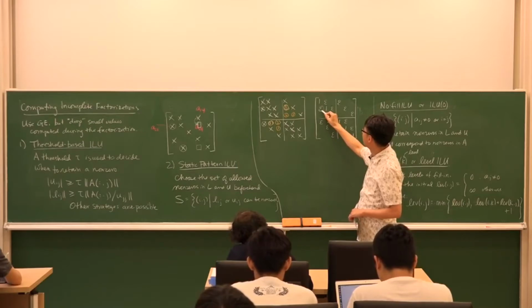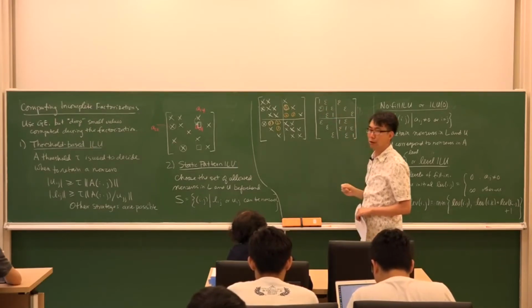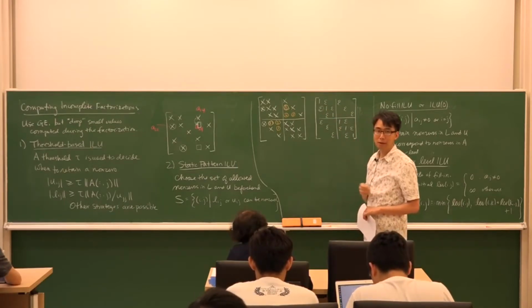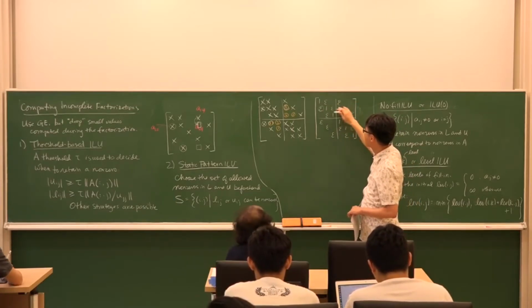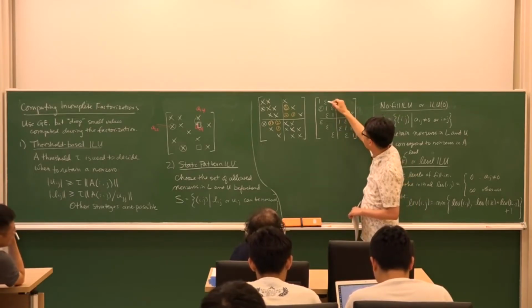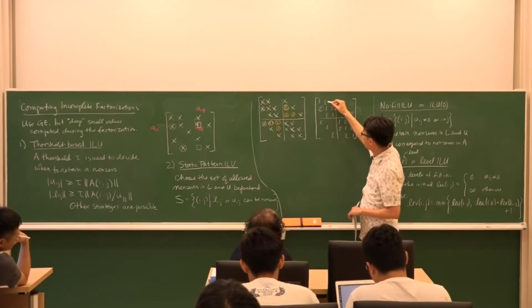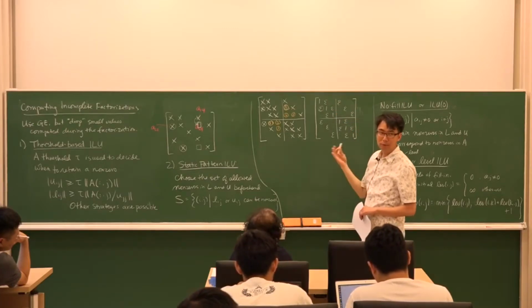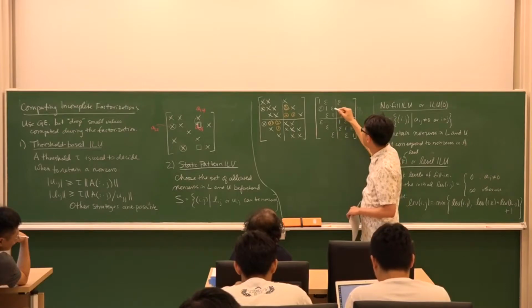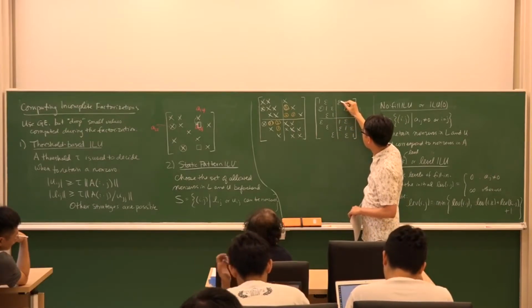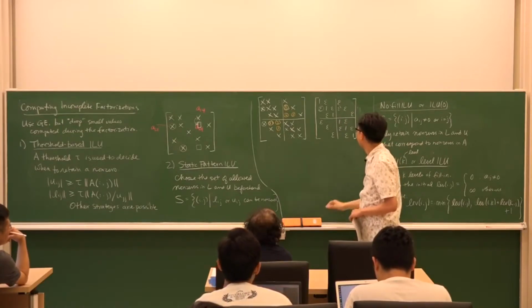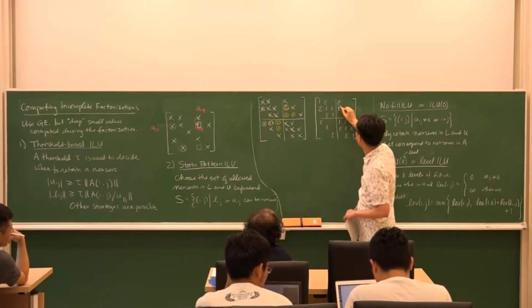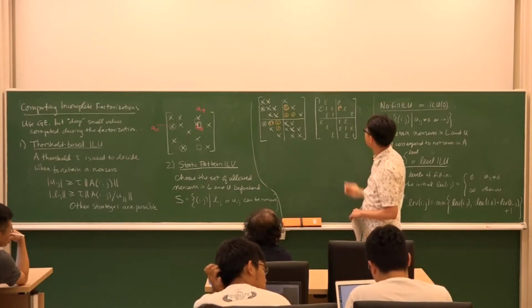We need to add the appropriate multiple of the first row, and that multiple is epsilon. So we multiply the first row by epsilon, and we add it to the second row. So 1 plus epsilon squared is going to be just 1. We're going to drop the epsilon squared. Here's nothing. Epsilon squared plus 0, that's epsilon squared. And then these are nothing.